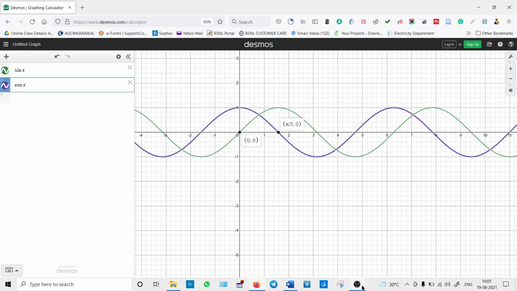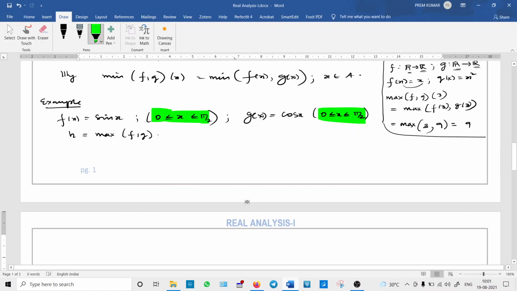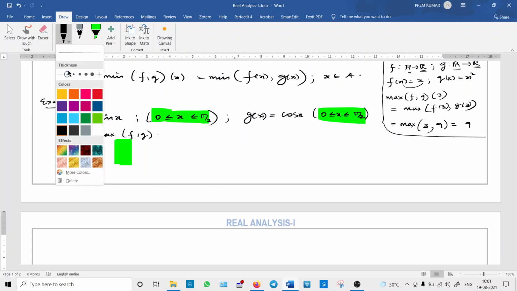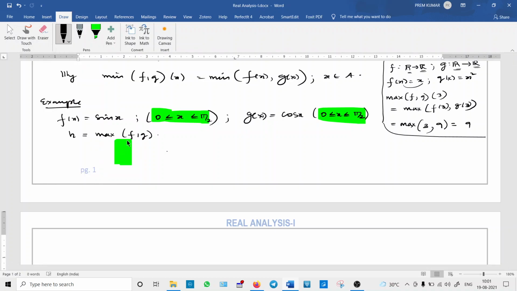So what you can clearly tell now, we are going to find the maximum of the two functions. So that is called h. So what is h of x now?